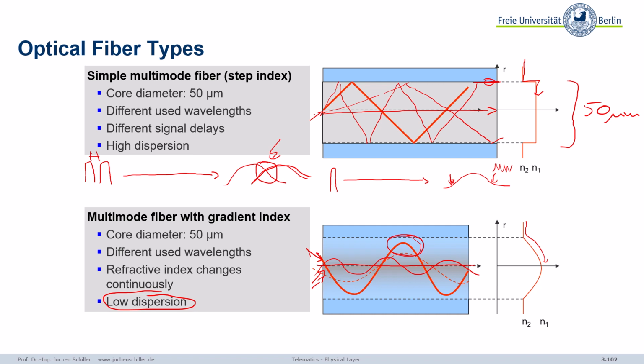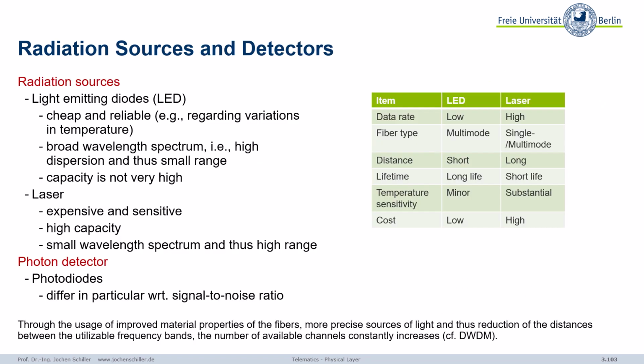We also have to create our light, and there are different ways of creating it, so radiation sources, and one is the classical one, LEDs, light emitting diodes. Very cheap, very reliable, also when it comes to temperature variations, and this is what you typically have in most consumer products.